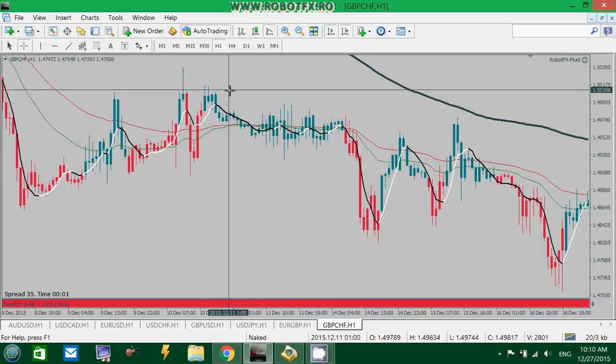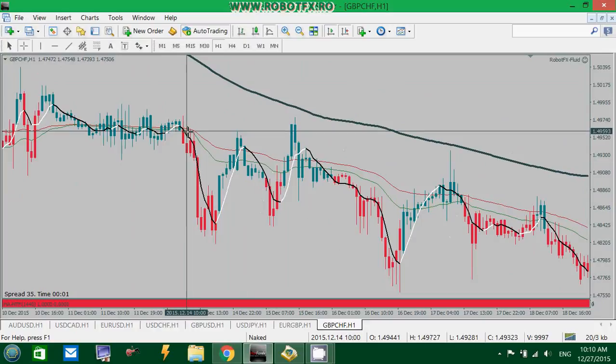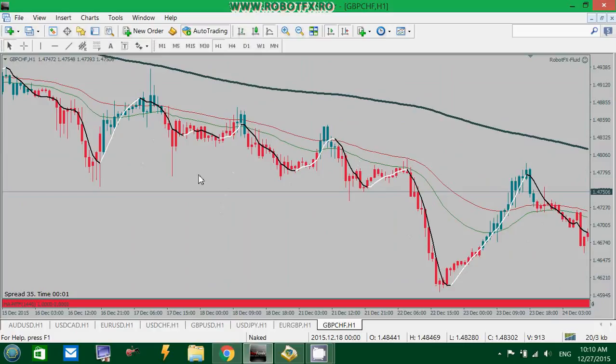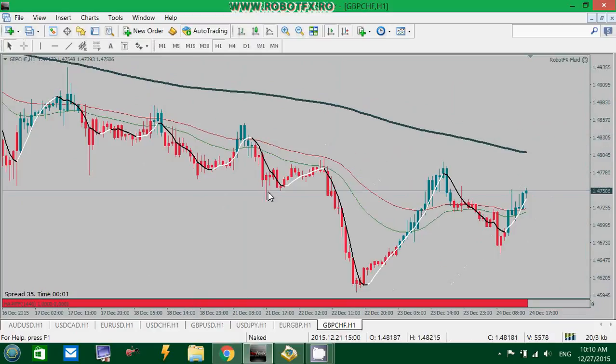This could have been a problematic area, and the trend resumes again: sell, sell, sell, sell, more sells, and so on.